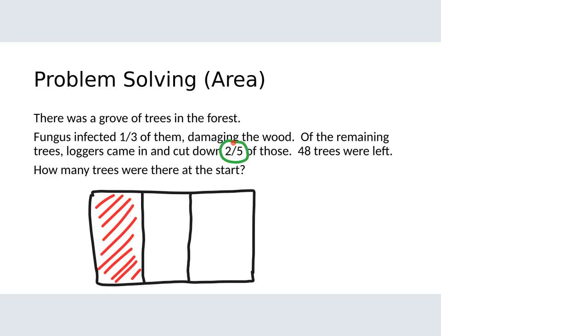2/5 of the remaining got cut down, so we want to cut those into fifths. What we're going to do is cut this whole rectangle into fifths. It doesn't have to be perfect, but you want it to represent it. So let's make sure I have 1, 2, 3, 4, 5. Yes, I've cut it into fifths.